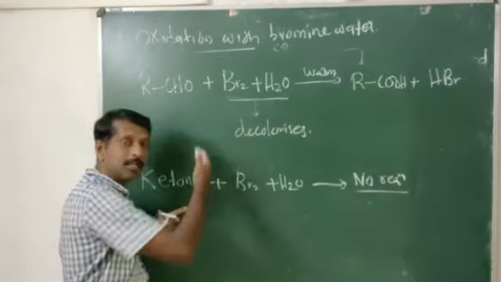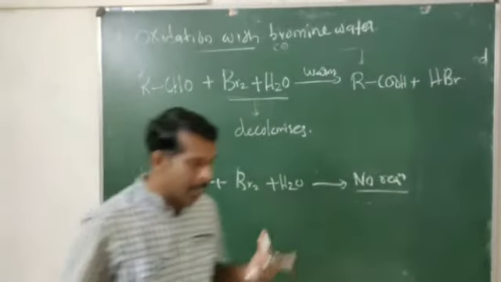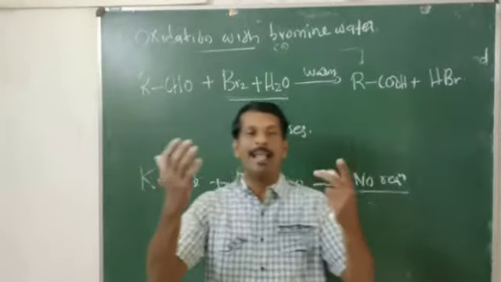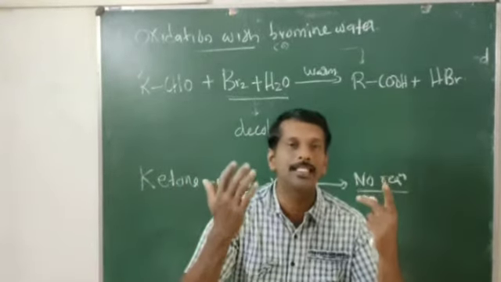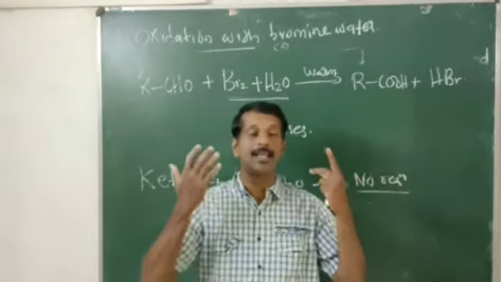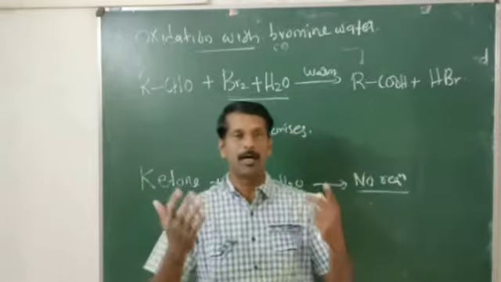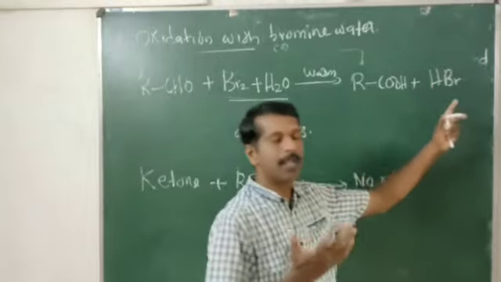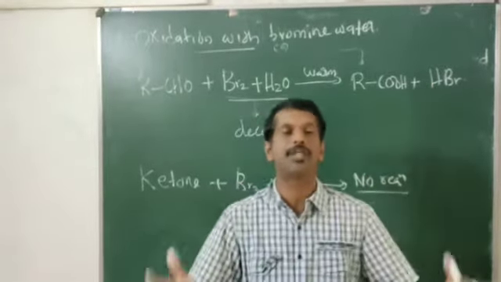So this test also can be used to distinguish between aldehydes and ketones. Aldehydes can decolorize bromine water, because during this reaction, bromine water is reduced to HBr. Therefore, there is a decolorization of bromine water.